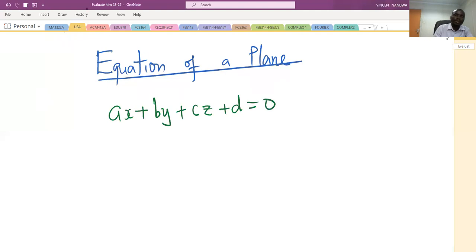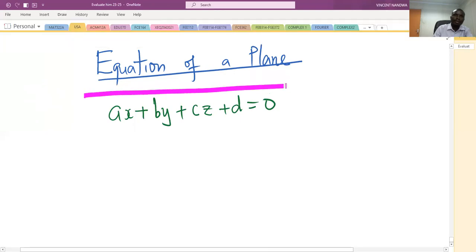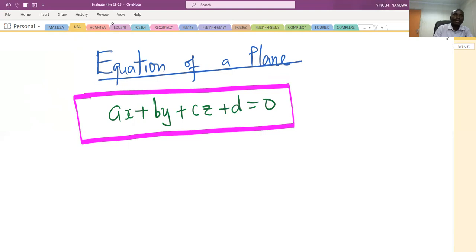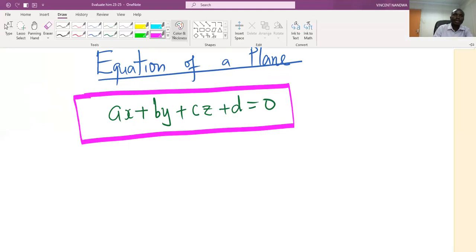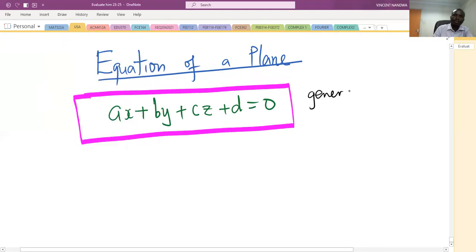So this is the general equation of a plane. ax plus by plus cz plus d equals 0 defines the equation of a plane. So, general equation of a plane.